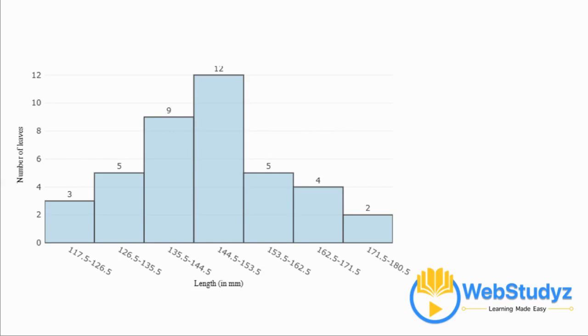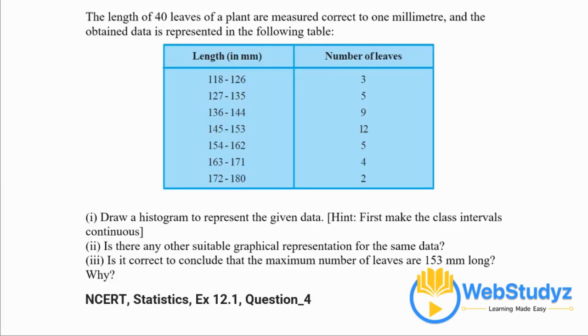Now the second question is, is there any other suitable graphical representation for the same data?